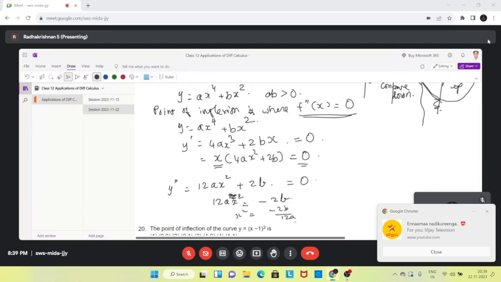Sir, it is not possible, because b and a are having the same sign, since ab is given as positive. So when b and a have the same sign, this x square will be negative. That means no real solution, so there is no point where the second derivative is 0. That means there is no point of inflection.